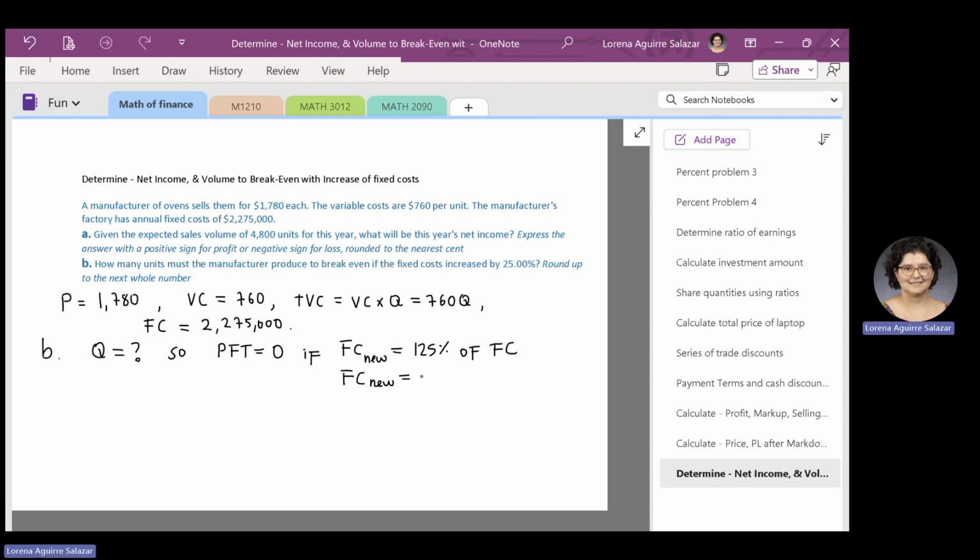So we multiply fixed costs, those $2,275,000, by 1.25. When we do that, we find that the new fixed costs are $2,843,750.